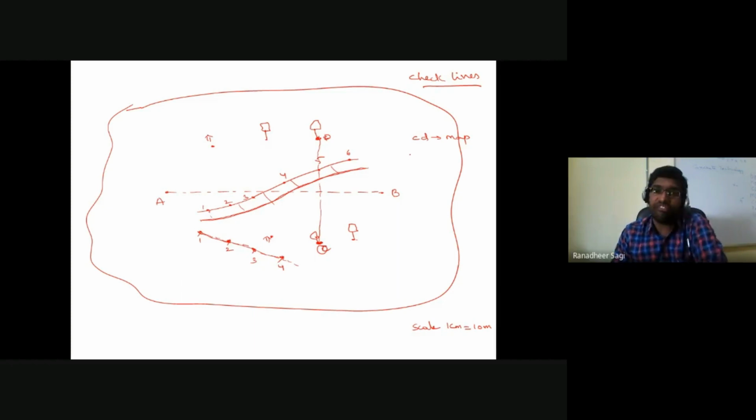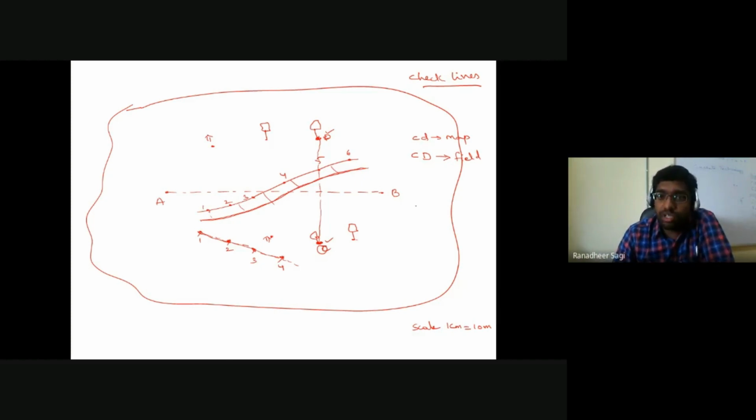And in the exact field, I know the position of the tree corresponding to point C and the tree corresponding to point D. So in the field, between the position of the tree at point C and the tree at point D, I'll measure the distance again. Capital CD is the distance in the field, and small cd is the distance from the map.